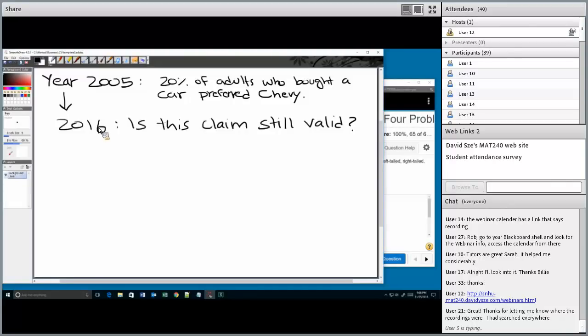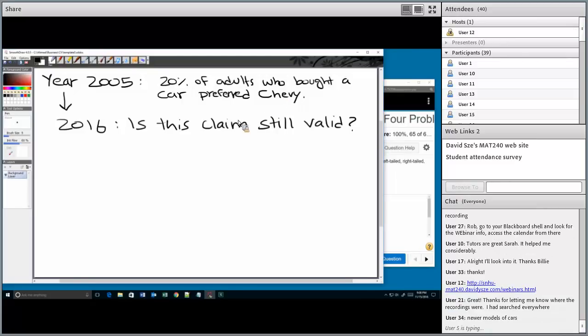It's been 11 years, and in 11 years, a lot of things can happen, right? Behaviors can change. A certain car brand can have issues over the years, which will drive consumers away from them. Yes, newer models of the cars. Maybe a new car brand comes that just takes a lot of interest. So a lot of things can happen.